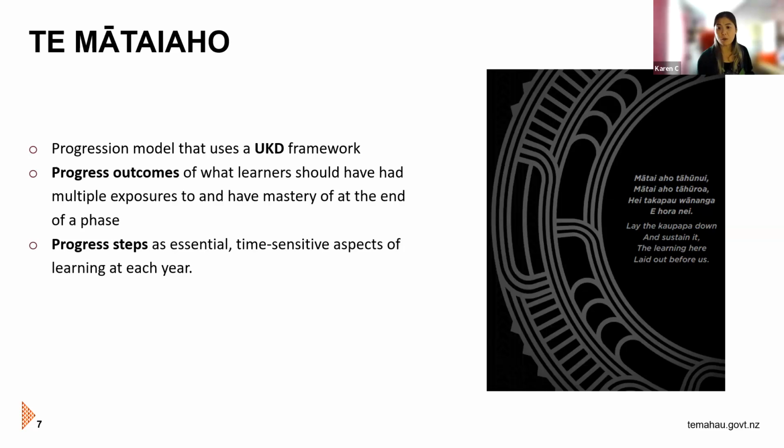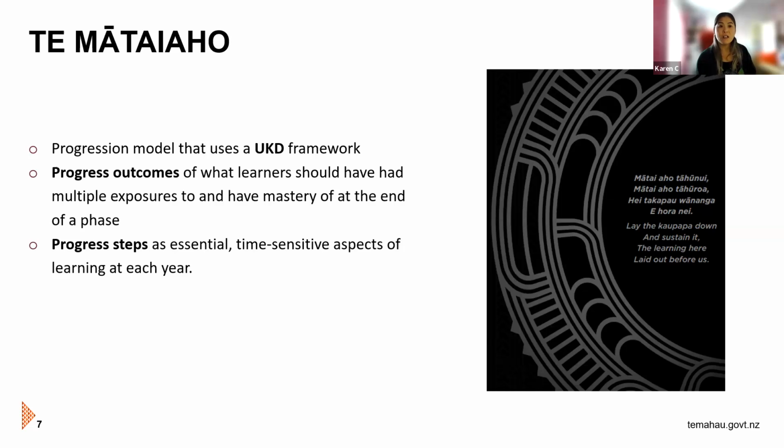Now, the UKD framework refers to the 3 aspects of a subject curriculum that is woven together to ensure that learning is meaningful for learners. So we've got the understand, which is a set of enduring ideas all learners can relate to. And while each understand may look different for learners at different phases, all learners should be engaging with these ideas regardless of their year level.